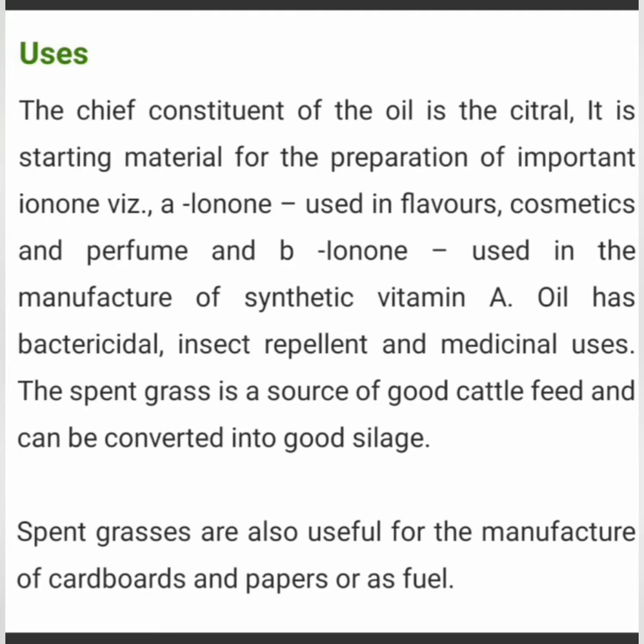In addition to this, it is also used for many other purposes such as in perfumery and also in certain kinds of confectionery and liquors. And this ionone can be prepared either directly from the lemongrass oil itself, or it can be obtained from the citral present in the oil.